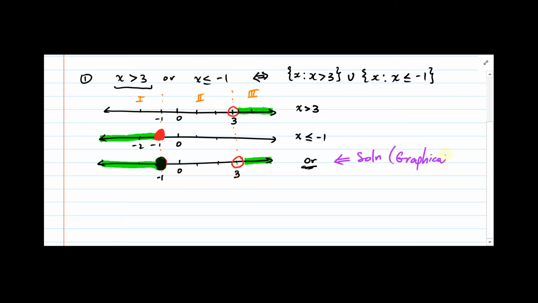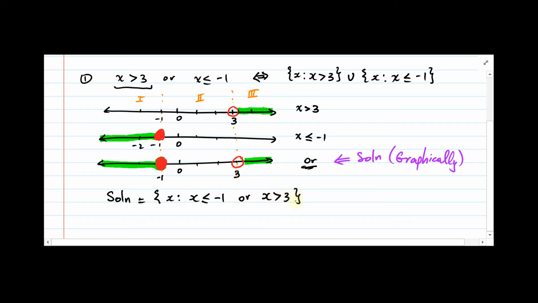If we were to write this in set builder notation, because of the two portions that we have, we would represent it just as we would reading off from the graph: the set of x's such that x is less than or equal to -1, or x is greater than 3.